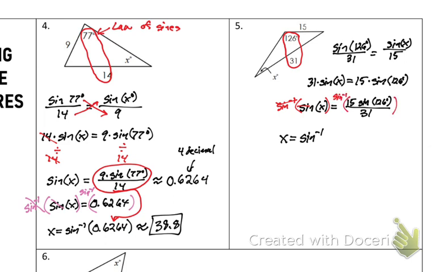And maybe even if you're not 100% proficient at using calculators, here's a nice little shortcut. Why write this all again when I know I'm doing the sine inverse of it? I'll just put a little arrow and say I'm putting this in my calculator. Let's all try putting sine inverse of 15 times sine of 126 divided by 31 and see if we can all get our answers by just plugging that whole thing in.